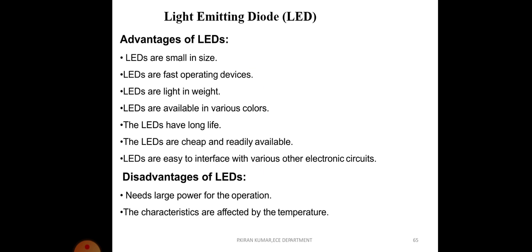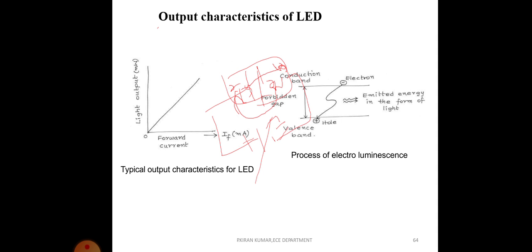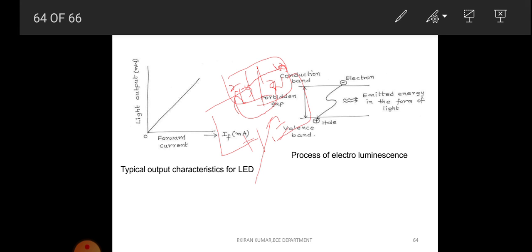We know the formula for energy: E is equal to h mu, where E is the applied energy, h is the Planck constant, and mu is the frequency.